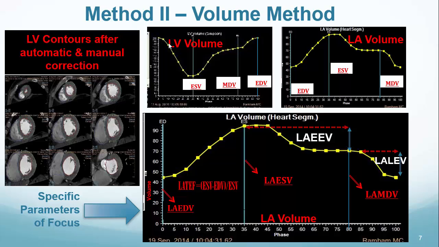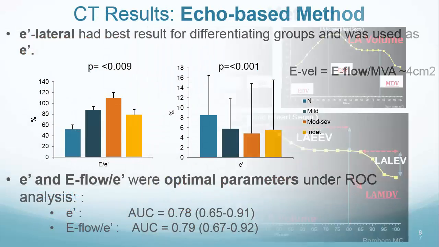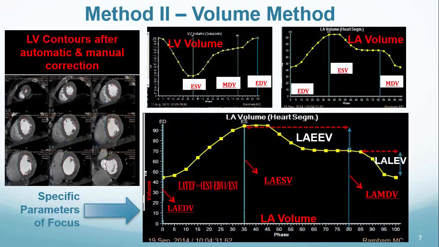We were also able to look at specific atrial parameters to see which best distinguished normal from abnormal diastolic function. So specifically, we looked at left atrial end diastolic volume, left atrial early emptying volume, left atrial late emptying volume, and left atrial total emptying fraction. Left atrial total emptying fraction is comparable to left ventricular ejection fraction and is a good parameter of global atrial function.